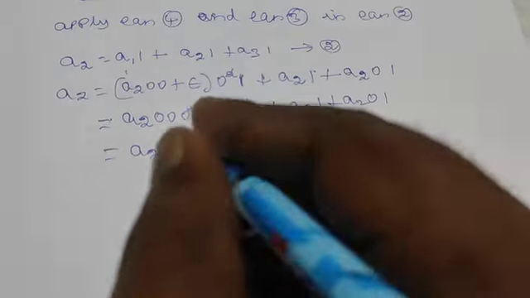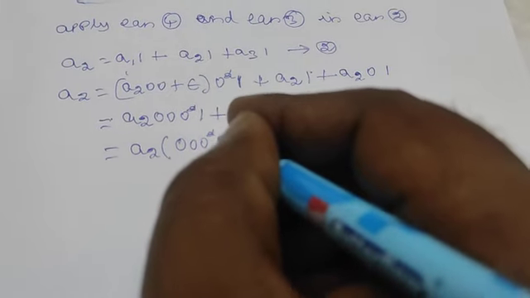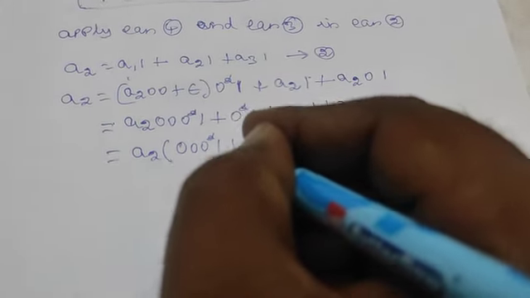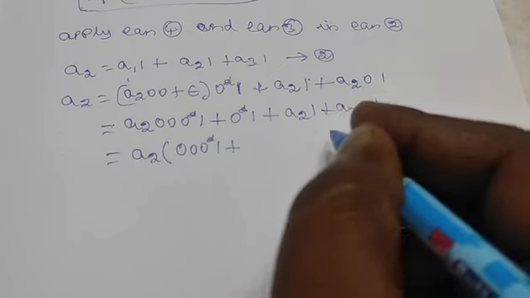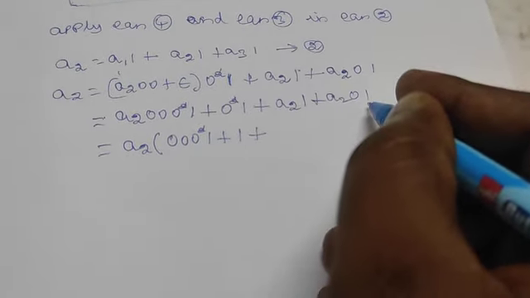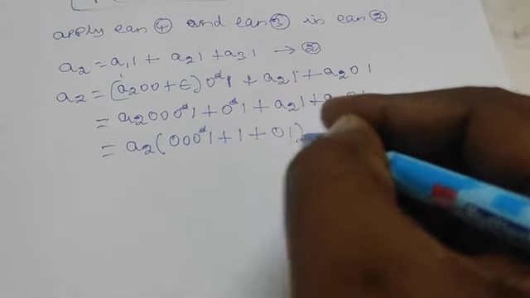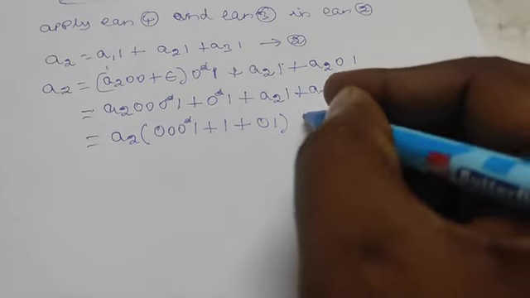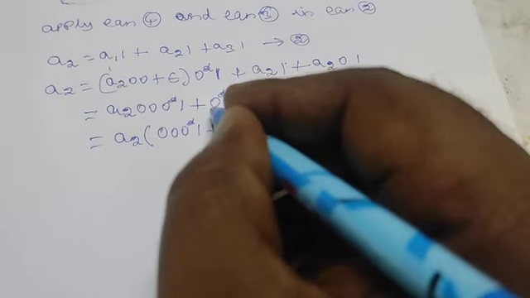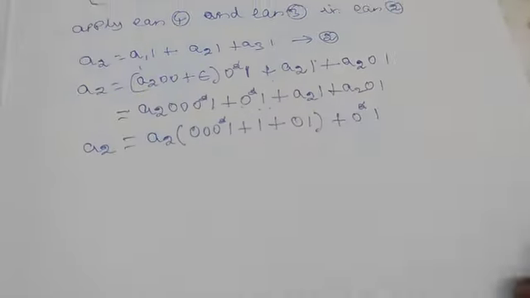A2 out means then this will be written as 0 0 0 star 1 plus 1, and when you take this A2 out, what will be remaining? 0 1 will be remaining. And what is already remaining here? This portion 0 star 1 is already remaining: 0 star 1 is equal to A2 here.